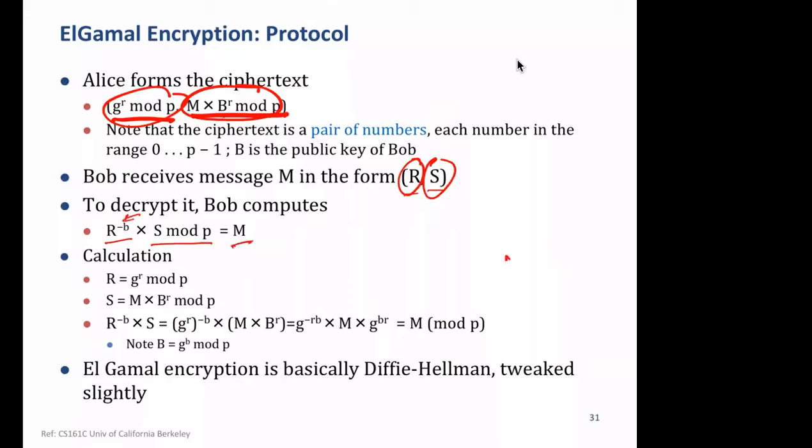Now you can calculate and see whether it verifies or not. So R is this one, S is this one. If you do the multiplication, R raised to minus b into S, which is G raised to the power R minus b into M into B raised to the power R, this turns out to be M mod P. So it decrypts the message M which is sent by Alice.